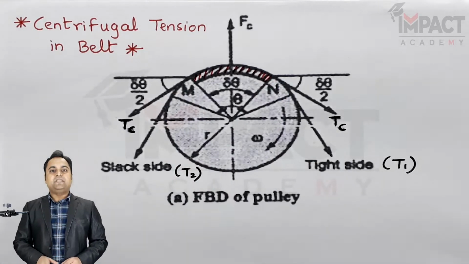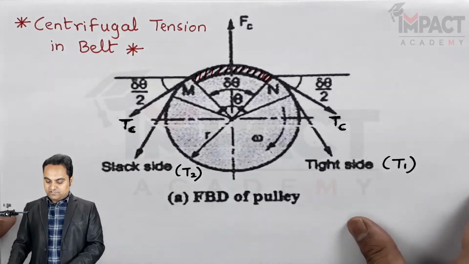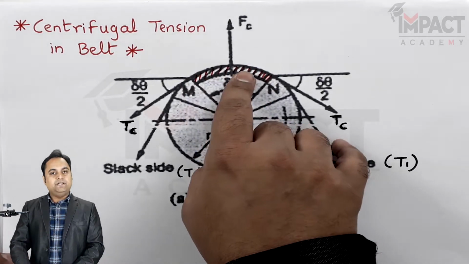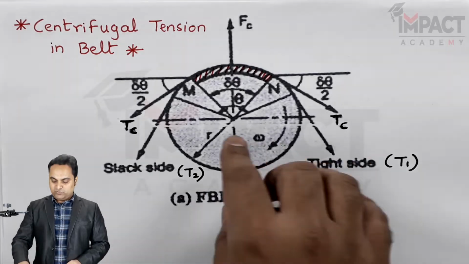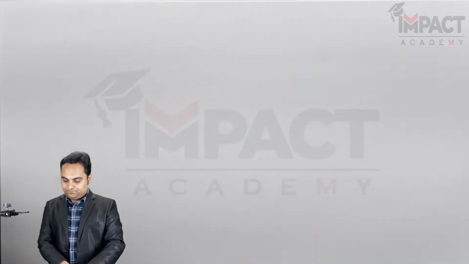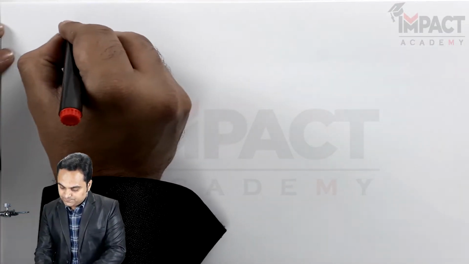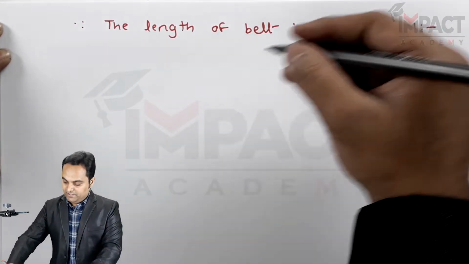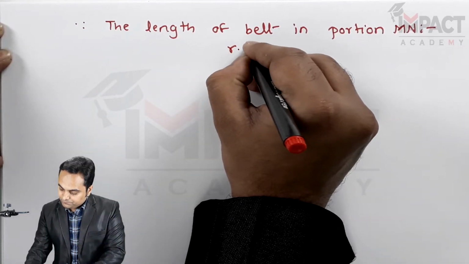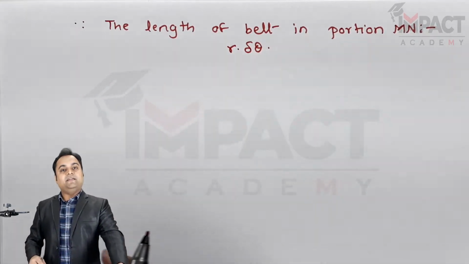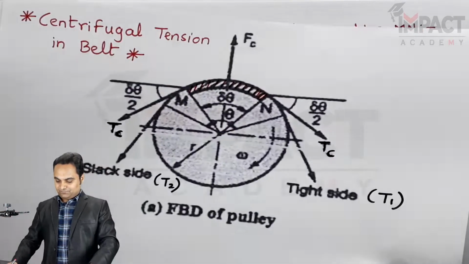Next, at first I am going to find the mass of this portion mn of the belt. In order to find that mass, first I'll say that the length of this mn portion is nothing but the length of an arc, which will be r into delta theta. So the length of belt in portion mn will be radius into delta theta, because radius multiplied by angle will give us the length of arc.